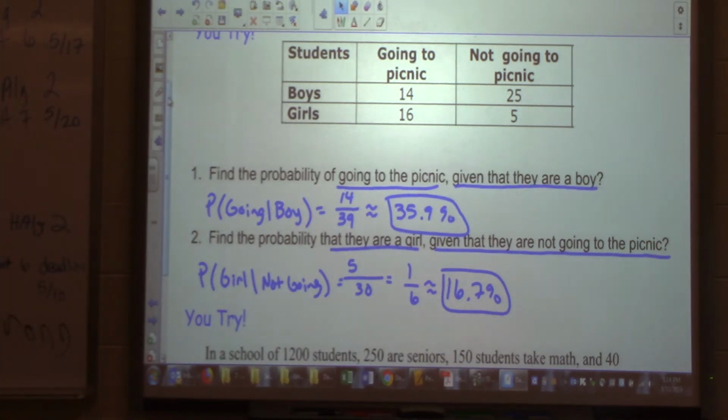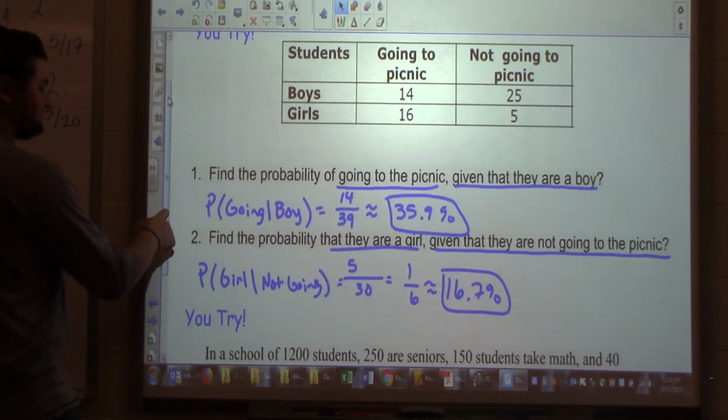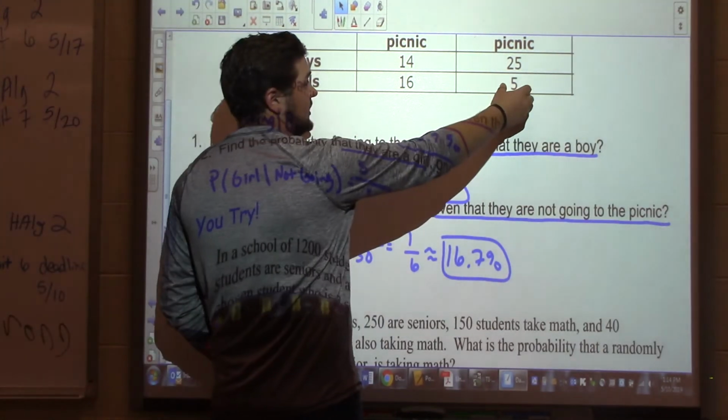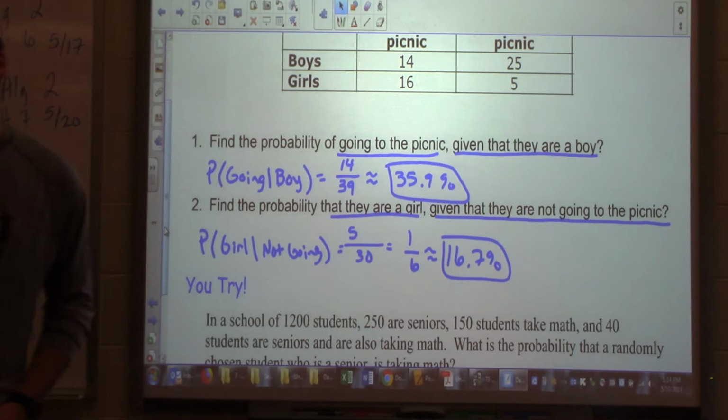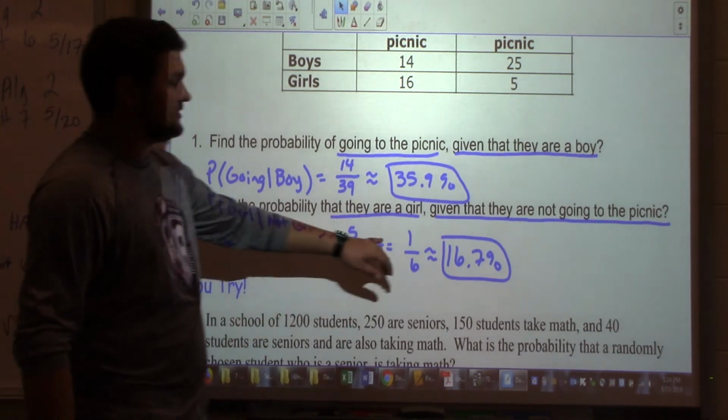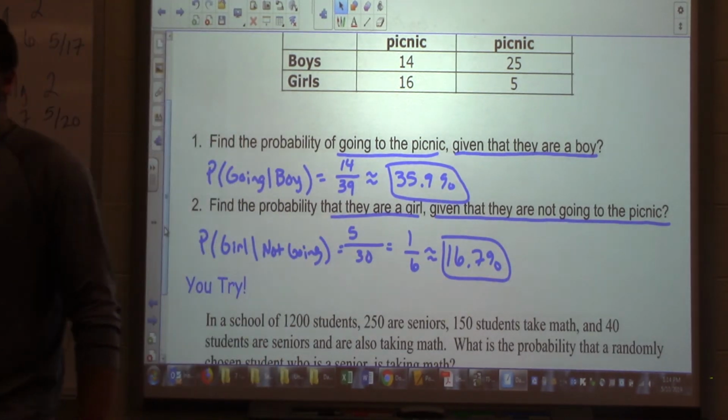So 14 out of 39 gives about 35.9%. Find the probability that they're a girl given they're not going. Well, 5 girls are not going to the picnic, but there's 30 total people not going. So 5 out of 30, or 1 out of 6, which is 16.7%.